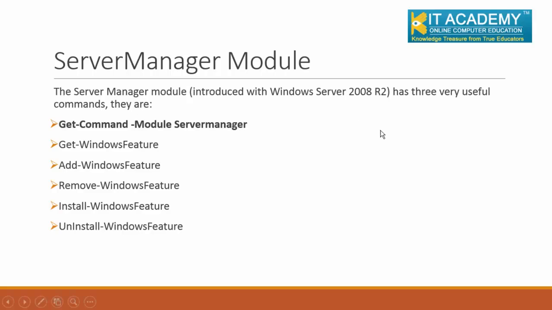If you are working on Windows 2008, you are bound to use Add-WindowsFeature or Remove-WindowsFeature. So let's get back to the PowerShell session and try a couple of commands, and in my subsequent lectures I'll explain how to work with Get-WindowsFeature, Add or Remove-WindowsFeature, or how to install or uninstall the Windows features.